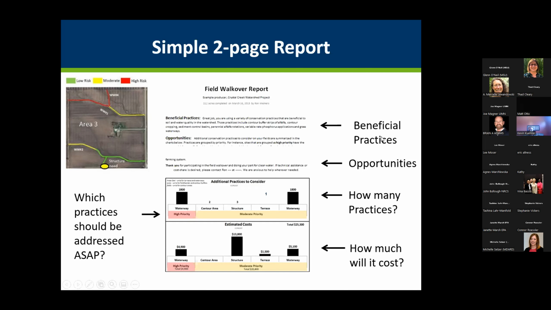We highlighted some main topics: the beneficial practices that the farmers were already using, opportunities for improvement, a summary of how many practices were identified during the walkover and how much they would cost, and which of those practices were considered the highest priority and should be addressed sooner rather than later.